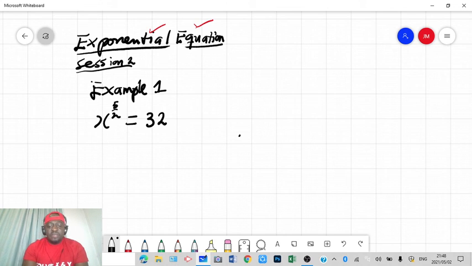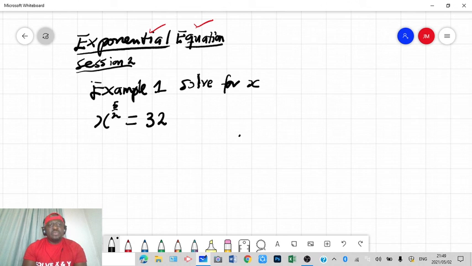With this type of question, the question would ask you to solve for x. Because it's an equation, you are asked to come up with a final solution.